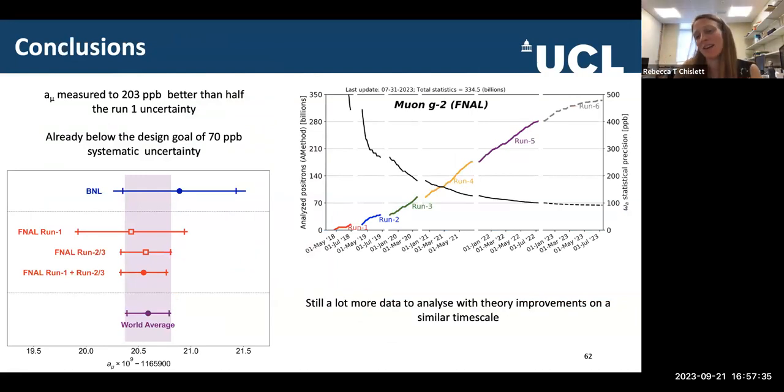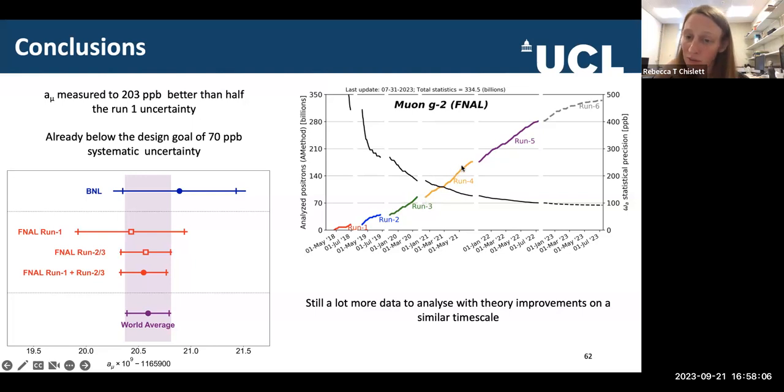So just to summarize, this is the result that we just released, where you can see we got more than 2 times the precision that we measured in run 1 and compared to Brookhaven. And we've reduced our systematic uncertainties below the design goal that we had. But there's still more exciting times to come, because we've taken a lot more data since run 2 and 3.